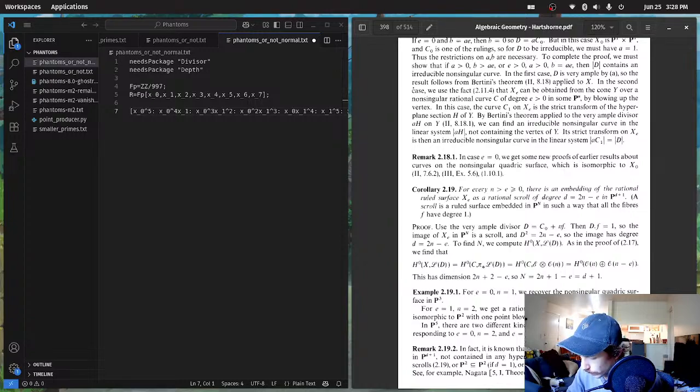So if I did 2 plus 2 choose 2 minus 1. What is that? 4 choose 2 is what, 6? Is that going to be P5? So P2 embeds as a Veronese into P5. So I'd have P1 times P5, and then that, under the Segre embedding, goes into P of 2 times 6 minus 1. It's 11. It's a little bit too big.